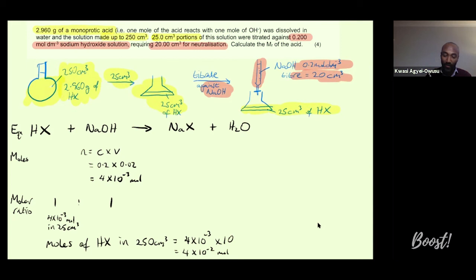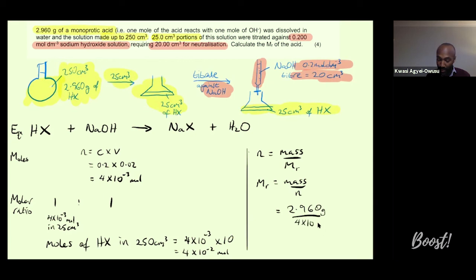Okay, and then finally, to calculate the Mr, we know that number of moles is equal to mass over Mr, and therefore our Mr is going to be equal to the mass over the number of moles. Now, we were told what the mass was at the very beginning in the question, highlighted in yellow, 2.960 grams, and this is divided by 4 times 10 to the minus 2.